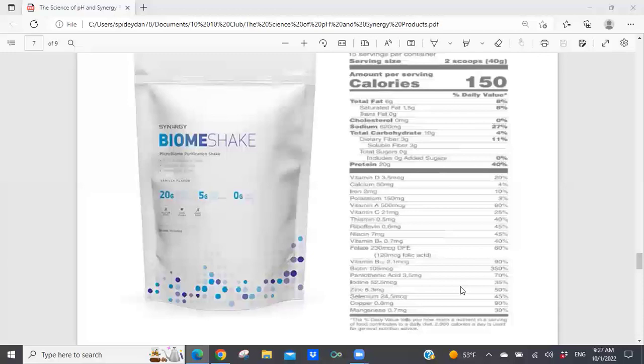And at the same time, the ingredients of the Biome Shake are going to fuel the good bacteria that you want in your abdominal cavity so that you can begin this process of resetting your gut health and feeding the good bacteria, helping to give them the environment where they're going to thrive. And when you do that, you see the benefits that come from that, from your overall health.